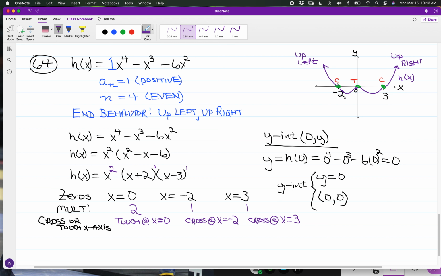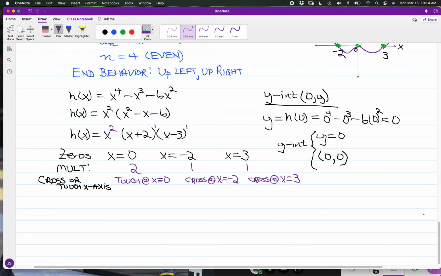All right, and now looking at what we have so far, we've had exclusively the y-intercept to be the origin, and now we're going to have a bit of a change up in the case of number 72. In this one, we have another h of x, and this is going to be an entirely different expression in comparison to 64.